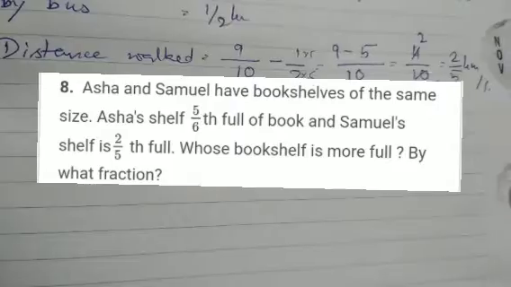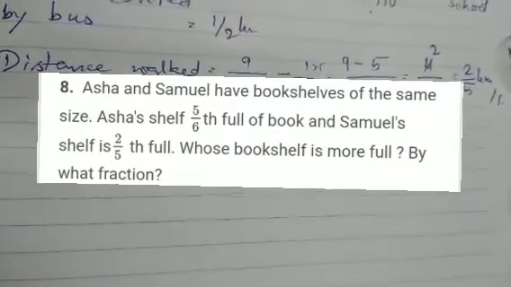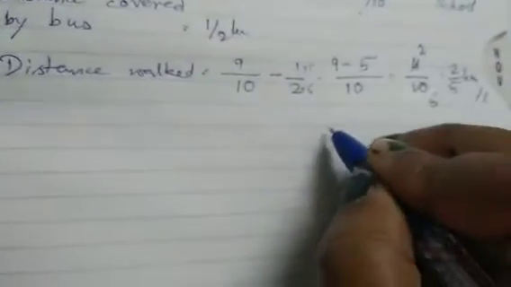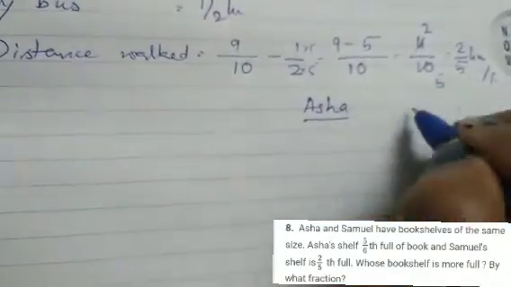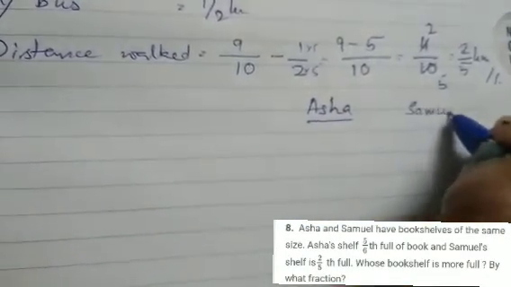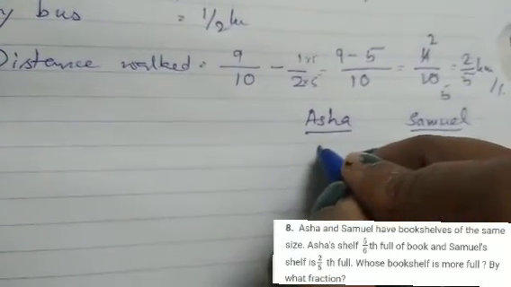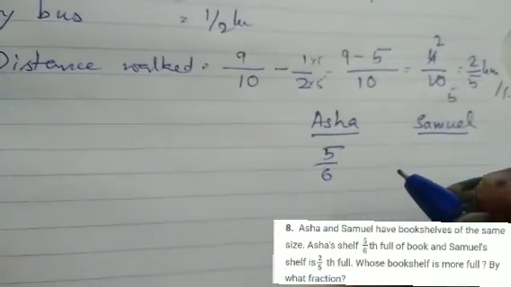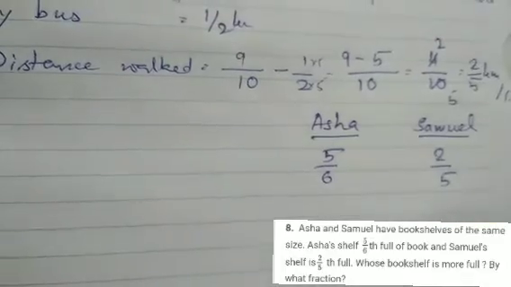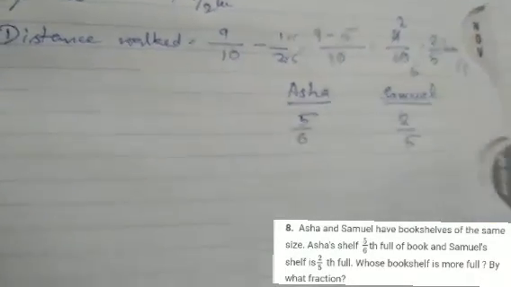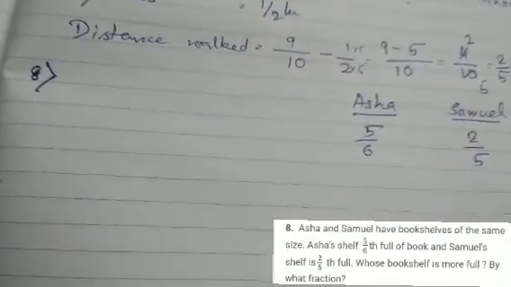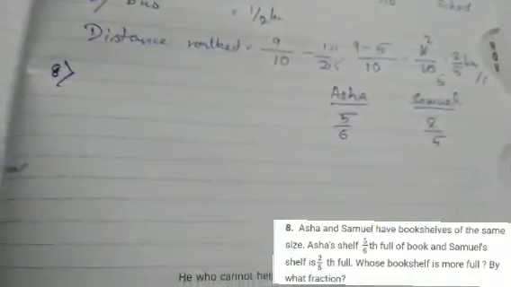Asha and Samuel had bookshelves of the same size. Asha's shelf was 5 by 6 full. So there was Asha's bookshelf and Samuel's bookshelf. Asha's was 5 by 6 full of books and Samuel's was 2 by 5 full of books. Whose bookshelf was more full? Now you have to compare between 5 by 6 and 2 by 5.